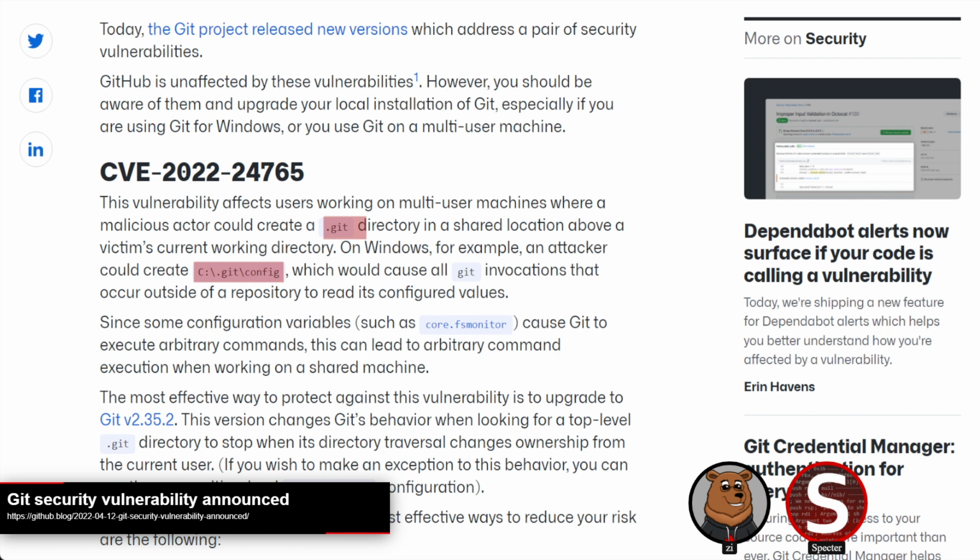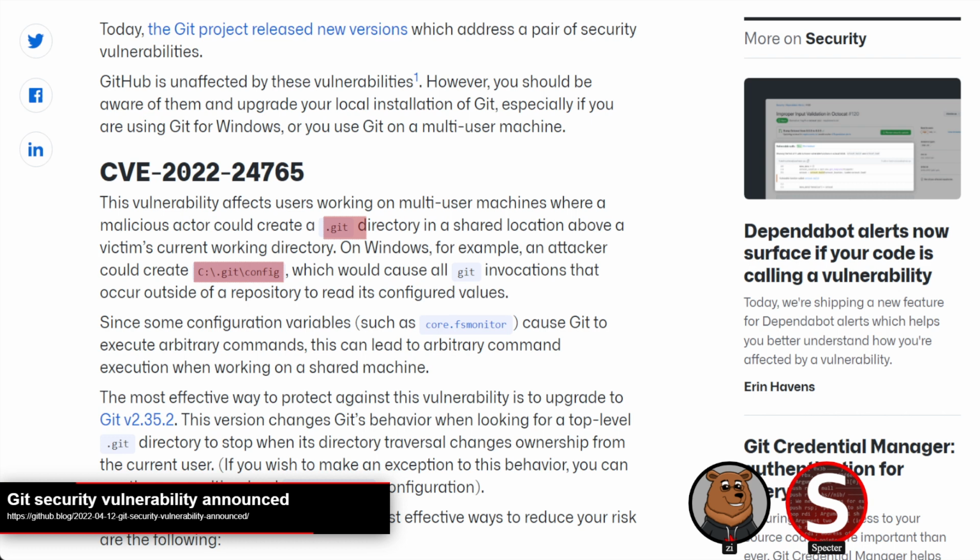And because there are some config variables like core.fsmonitor that can do dangerous actions like invoke executables, they can be used to gain code execution in the context of the user who would have run the git command outside of a repo. Obviously, a pretty unlikely attack scenario, but it's still a valid issue.